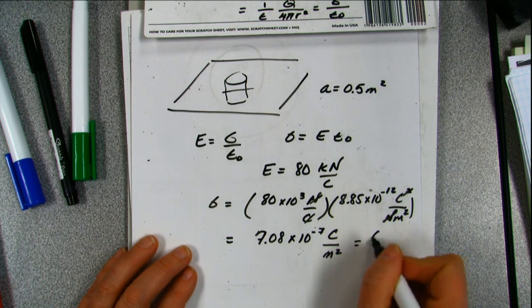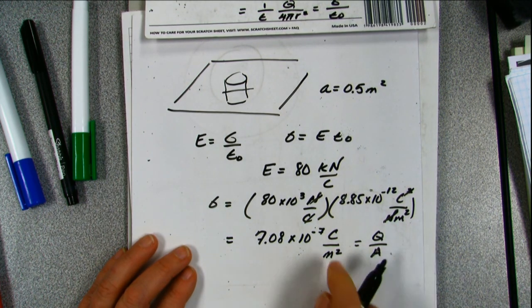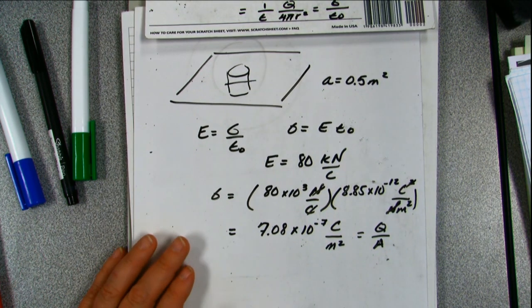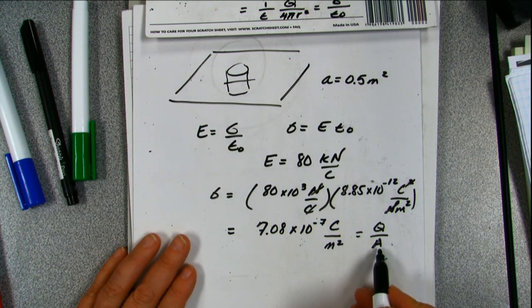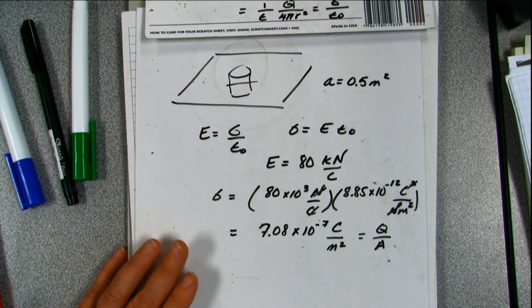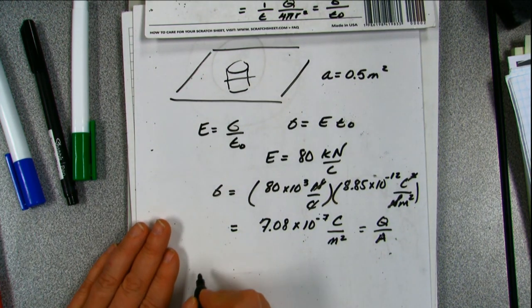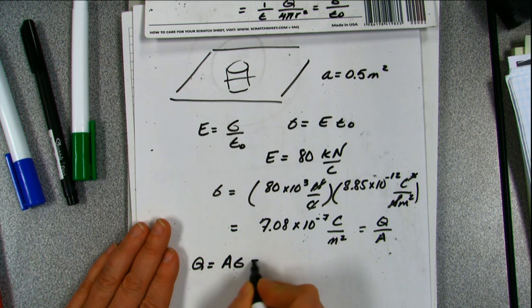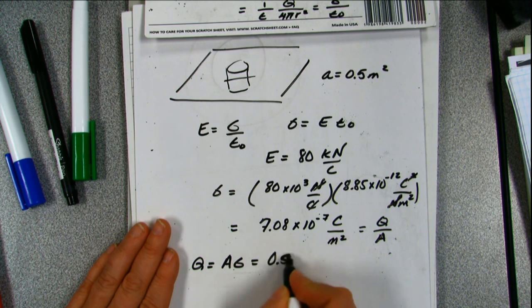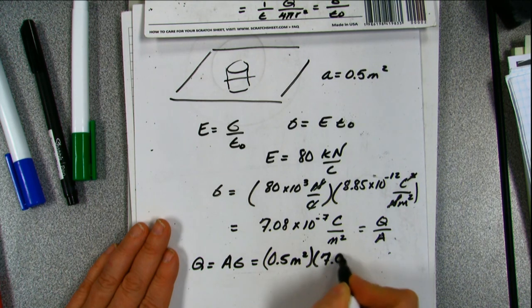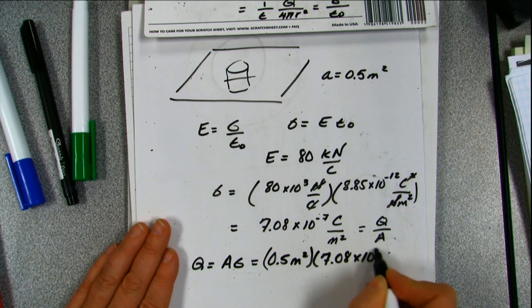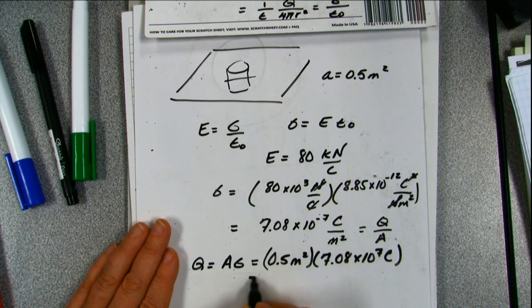And that's got to be charge per unit area, so that works out well. If I know the area, I can find the charge on my surface. So Q is going to be the area times the surface charge, which is 0.5 meters squared times 7.08 times 10 to the minus 7 coulombs per meter squared.